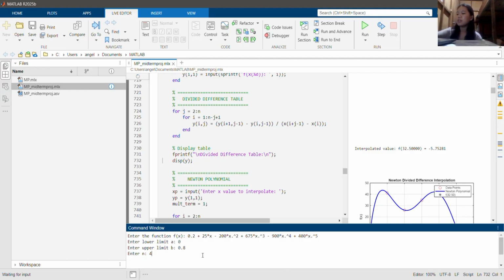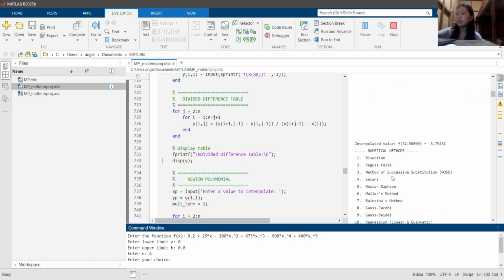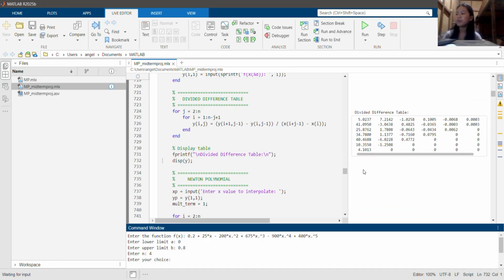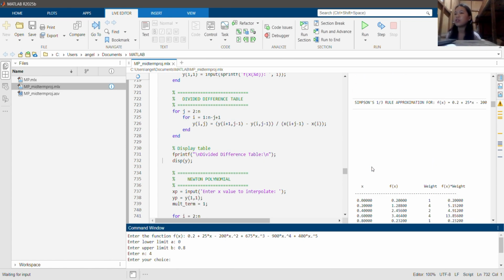Lower limit a is 0. The upper limit is 0.8. And n is 4.